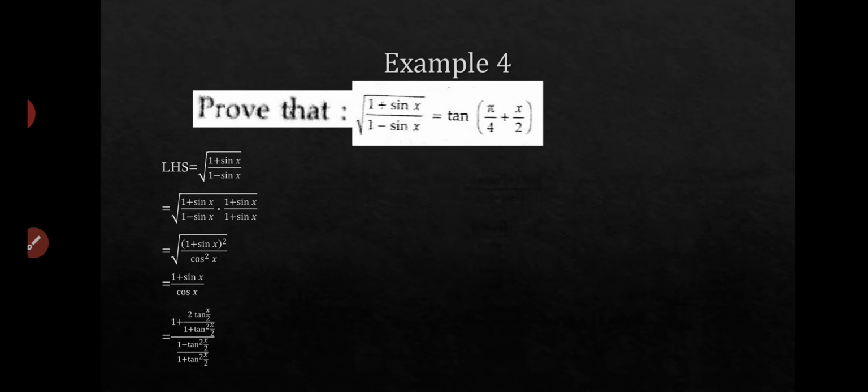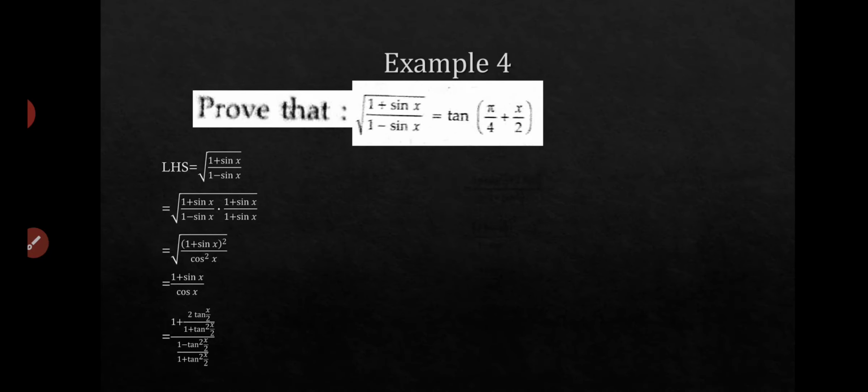Sine x can be written as twice of tan x by 2 by 1 plus tan square x by 2, and cos x can be written as 1 minus tan square x by 2 by 1 plus tan square x by 2. So this is your formula, so I can write this.